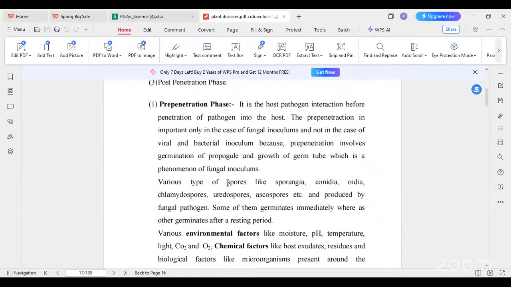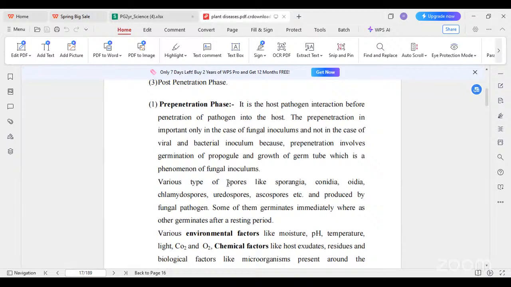Some of them germinate immediately, whereas others germinate after a resting period. Various environmental factors like moisture, pH, temperature, light, carbon dioxide, and oxygen. These are the environmental factors.